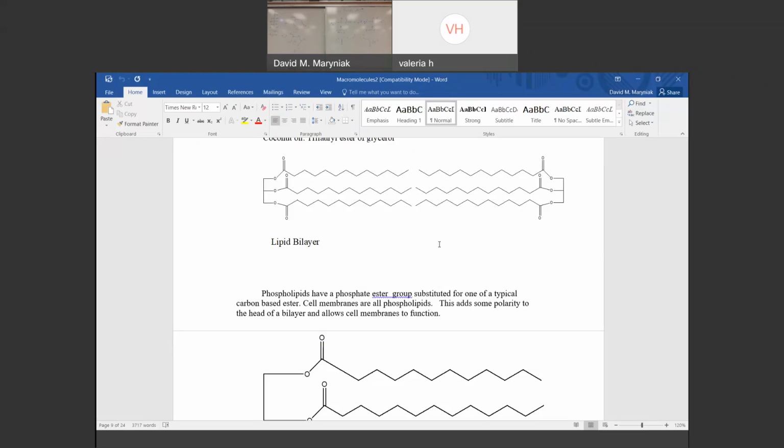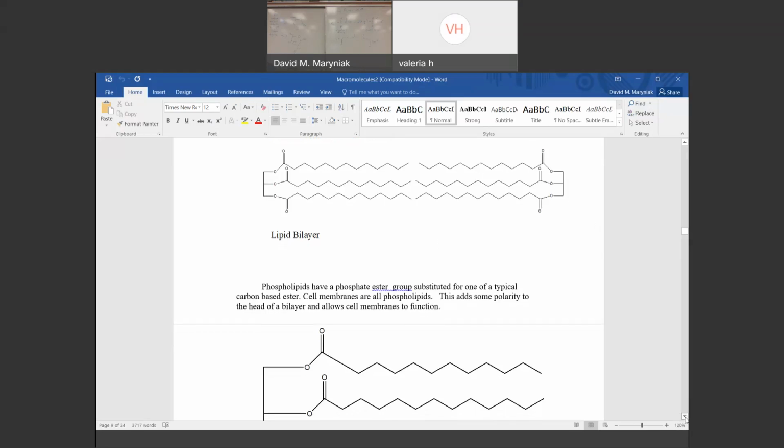So would we say we now need another mechanism to let things get in and out, or we have to facilitate transport? Because water's not going to be able to get into your cells through the nonpolar region unless somehow it gets facilitated.